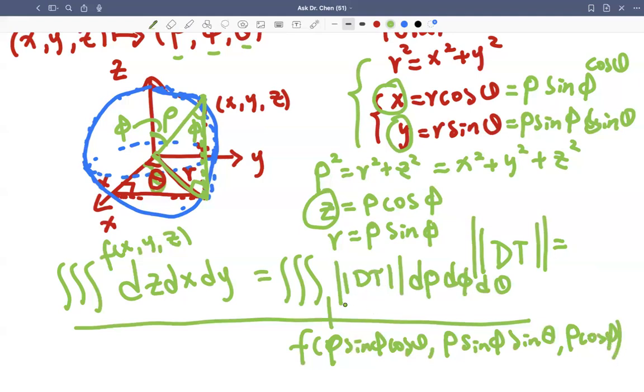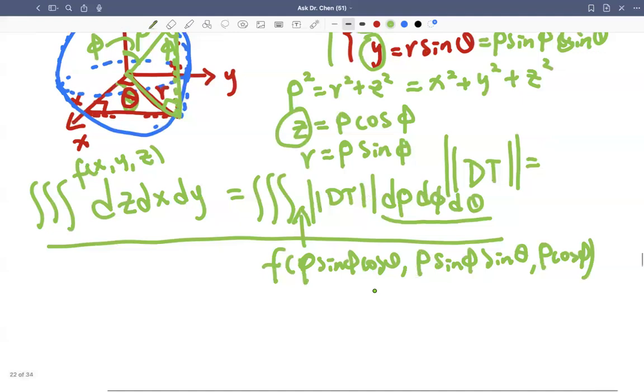So we want to change the variables of the function from x, y, z to rho phi theta, and also change the variable of integration from x, y, z to rho phi theta. The difference between those two integrations is the determinant of dt of the transformation, and we call it the Jacobian.